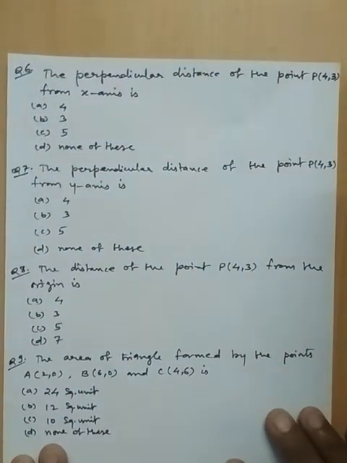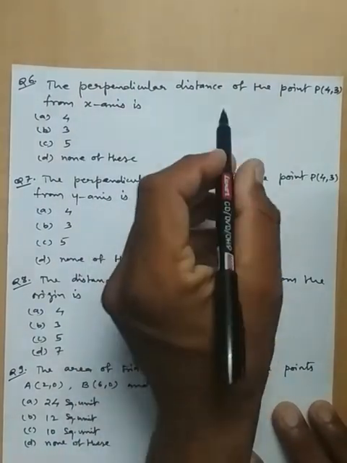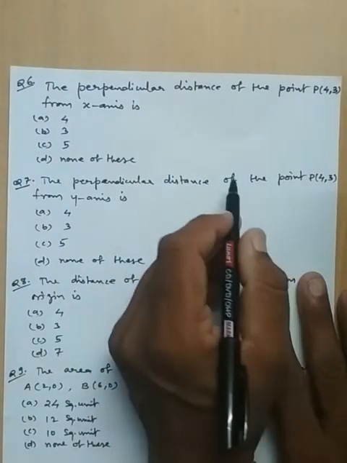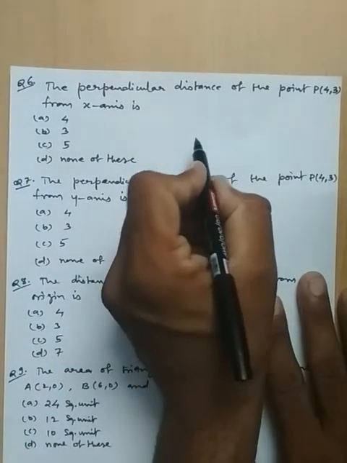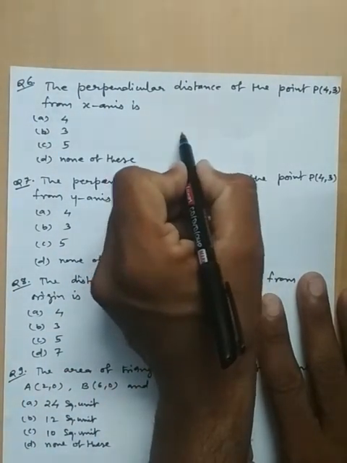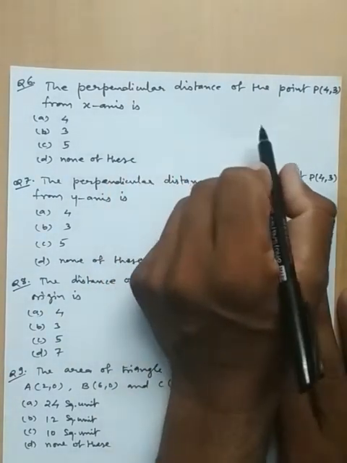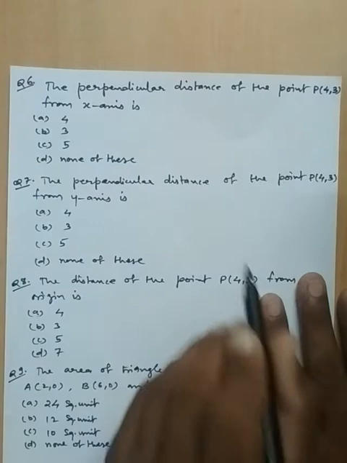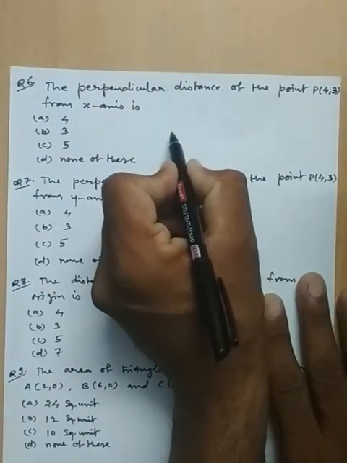Next question: the perpendicular distance of the point (4, 3) from the x-axis. For all these questions, the most important thing is the coordinate plane. If we plot the given point, then we can find the answer very easily.